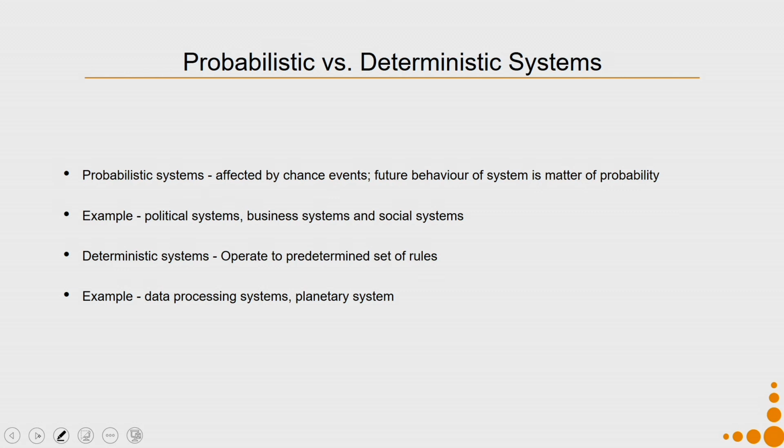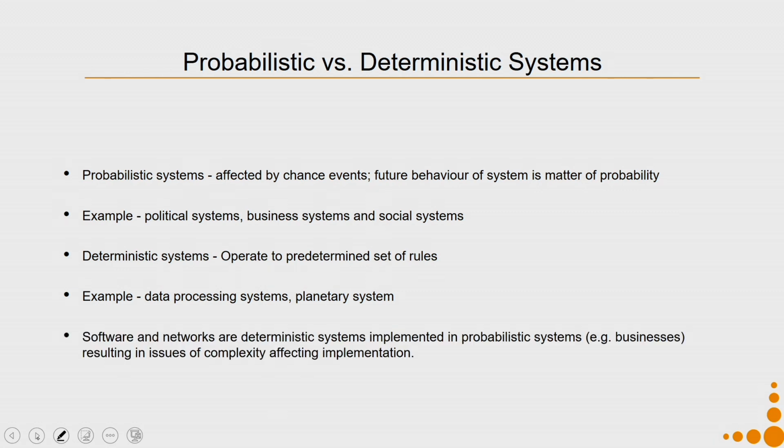Do they interact with each other? Yes. So say for example, software and networks are deterministic systems because they always operate to predetermined rules. So software and networks are deterministic systems implemented in probabilistic systems. Say for example, I enforce a software or a network system in a business environment, in a business system.